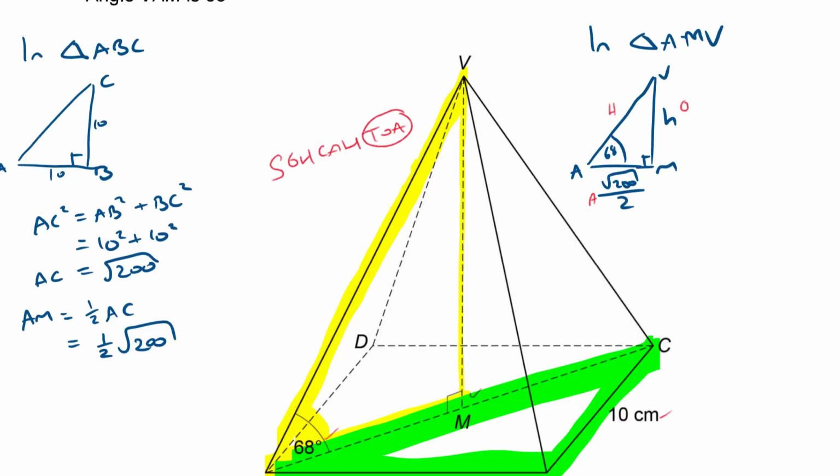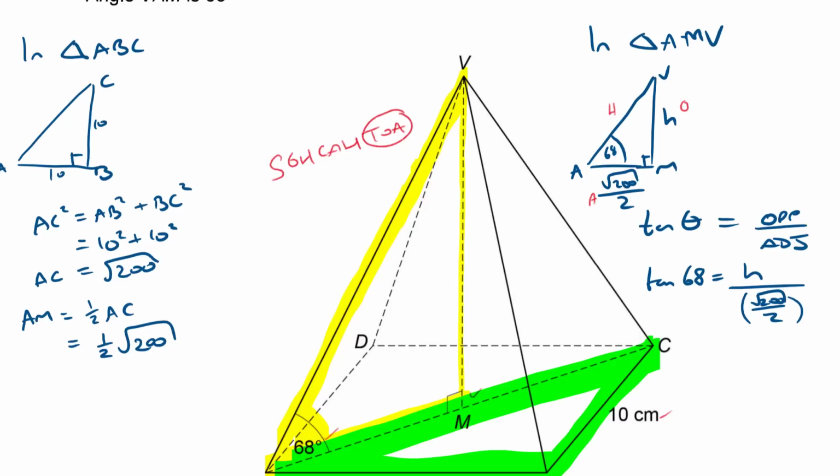So I'm going to take that and write out the tan of an angle is equal to the opposite over the adjacent. So my tan of 68 degrees is equal to my opposite, that's the side VM, isn't it, which I called H, divided by the adjacent, which was a half of root 200, or root 200 over 2.